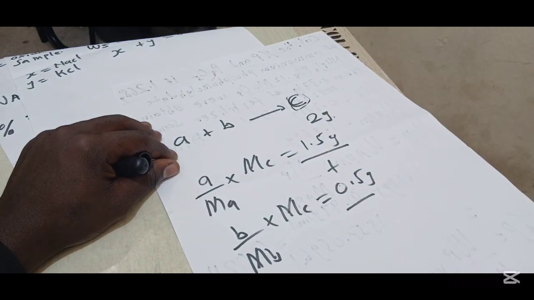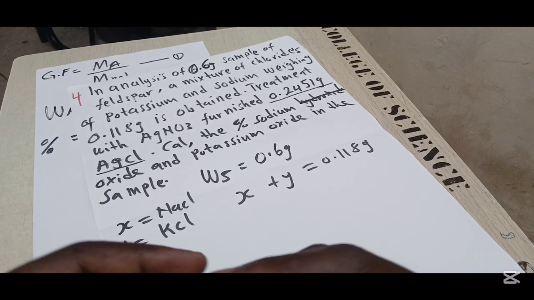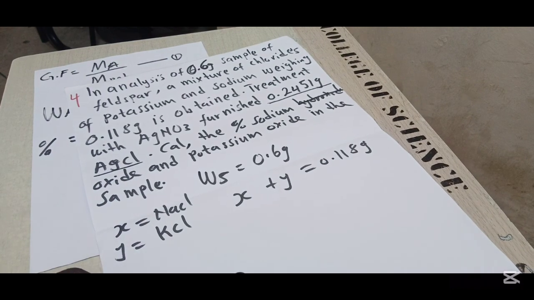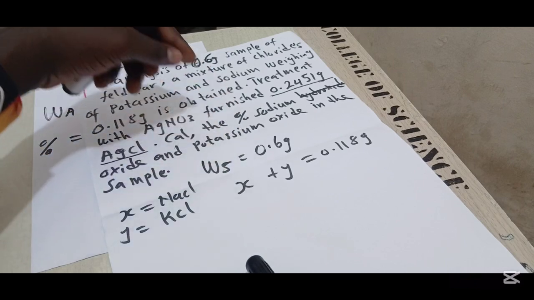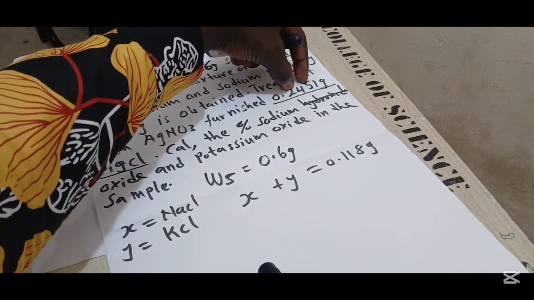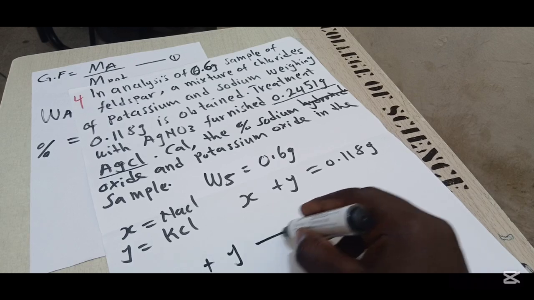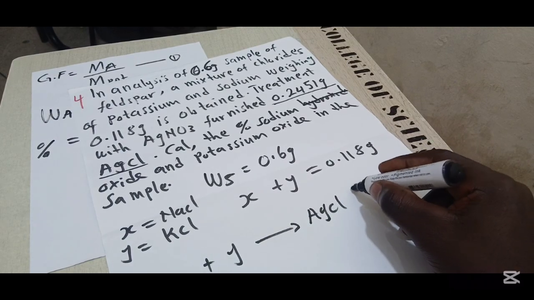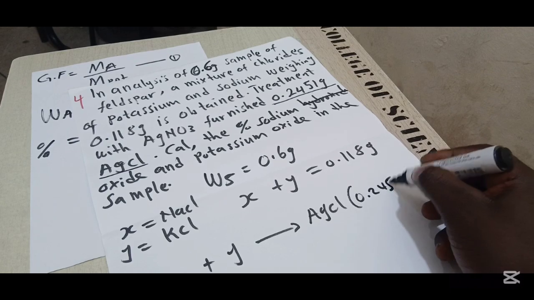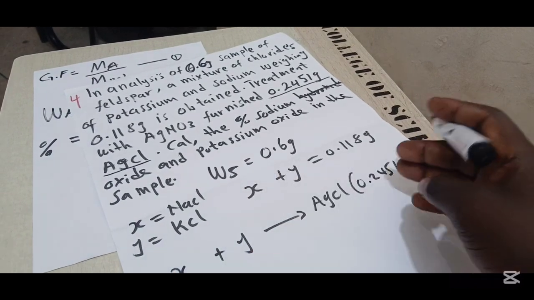So let's apply this formula in our calculations. So we know that a certain mass of sodium chloride combined with a certain mass of potassium chloride gives us a full mass of AgCl. Let's say X plus Y gives us a full mass of AgCl, which is 0.2451 grams. So how do we spot the mass of this if we know this?